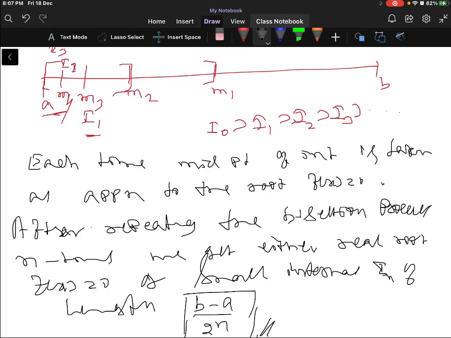We can observe that in each bisection step, the midpoint is taken as the approximate root.